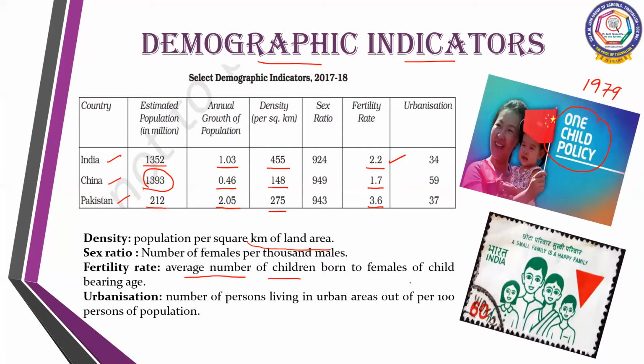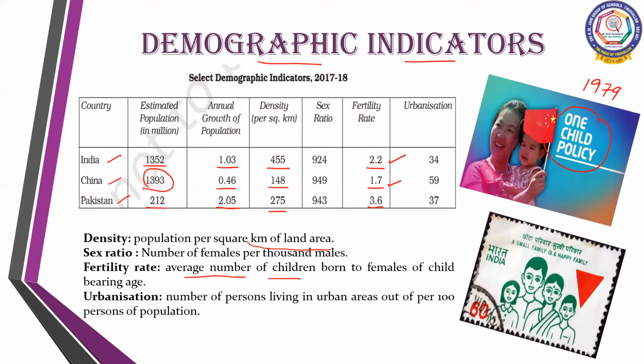However, it is not as strict as how it is followed in China. Though the introduction of the one-child policy has reduced the fertility rate in China to 1.7, it still has its own limitations. After a few decades, China will have more elderly population in proportion to young people.